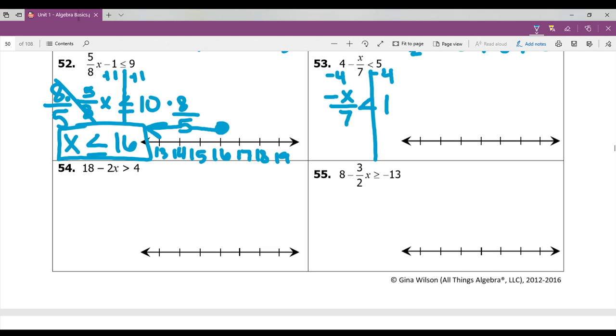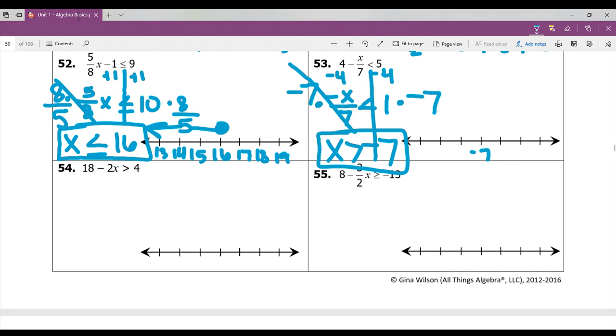I want both of those to go away because I want a positive x when I get done. So I'm going to multiply by negative 7. That makes all that go away, and I'm just left with x. And I multiplied by a negative, so that less than now becomes greater than negative 7.